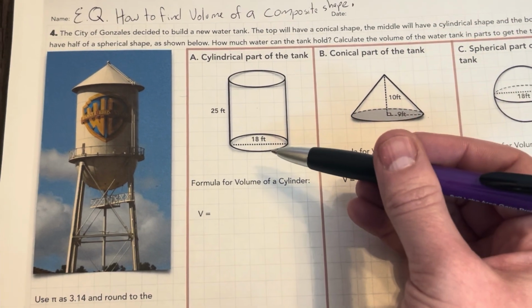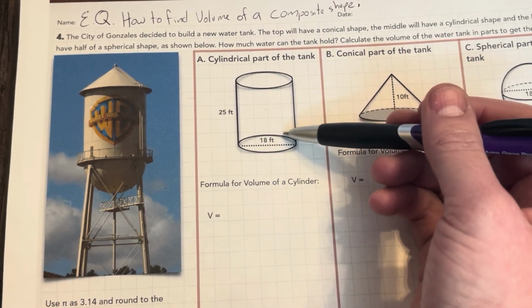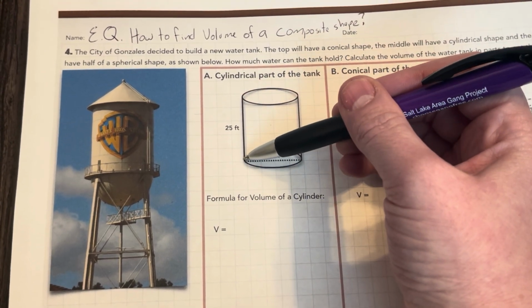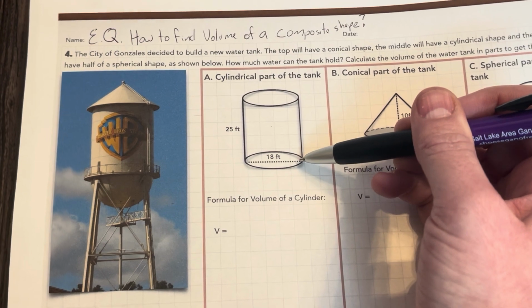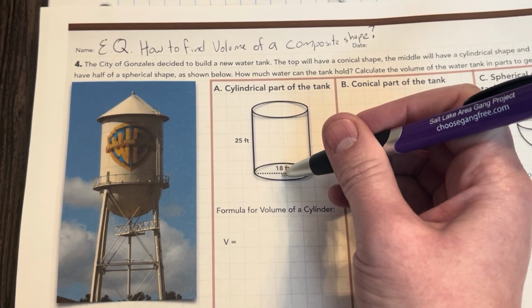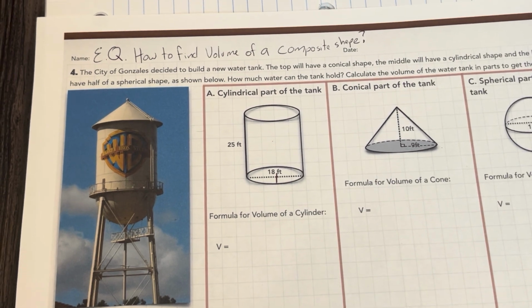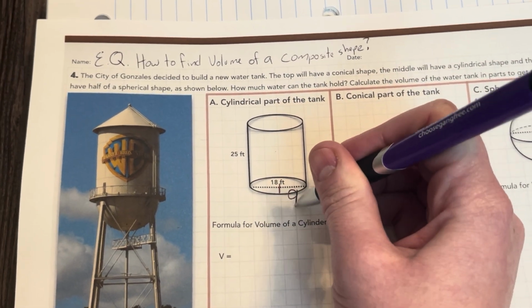So the first part we have is the cylinder. The cylinder of the water tank is 25 feet tall with a diameter of 18. So if the diameter is 18, what is the radius? All right, so we've got 9 as our radius.